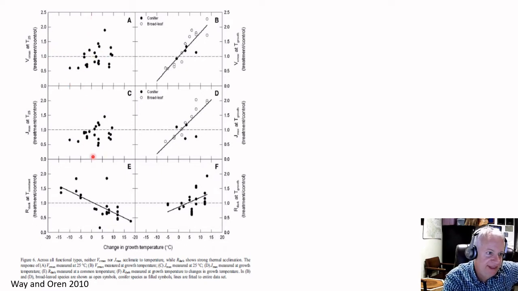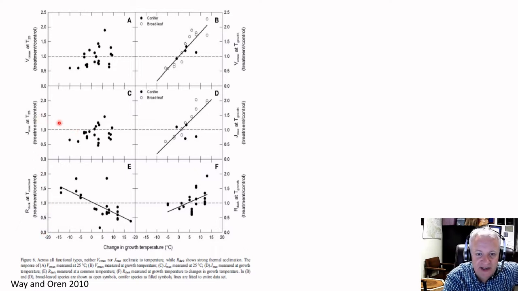On this side of the graph, panels A, C, and E, they're showing Vcmax measured at 25 degrees C, so measured at a constant temperature, Jmax measured at a constant temperature of 25 C, and respiration measured at a constant temperature. Whereas on the x-axis, we're measuring departures from a growth temperature. So were these plants grown in a warmer environment or a cooler environment?